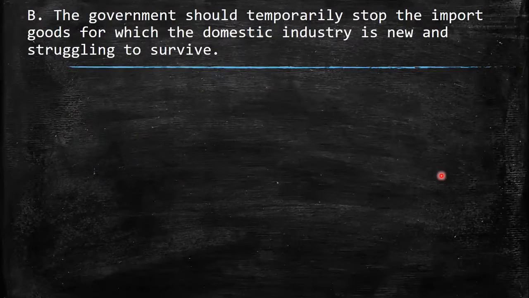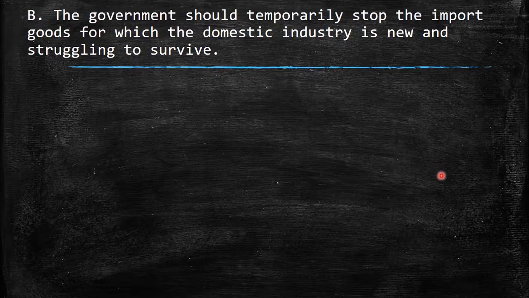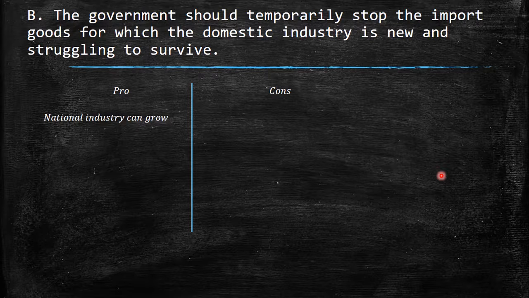The second one says the government should temporarily stop imports of goods for which the domestic industry is new and struggling to survive. So you can think about two sides, pros and cons, about this policy. As a pro, maybe it could be an incentive to encourage that national industry can grow in some way.